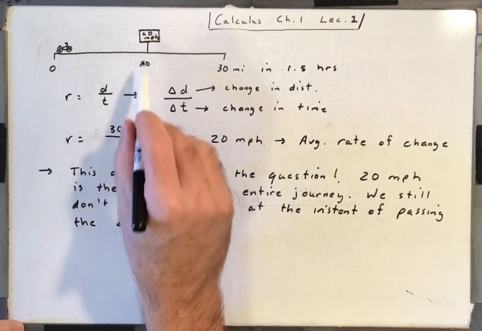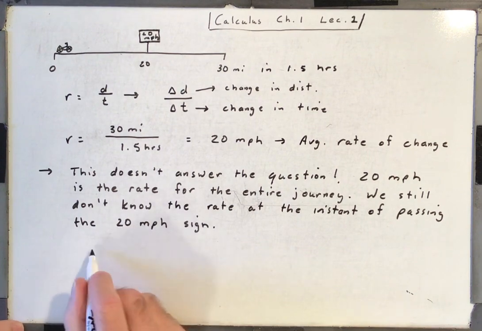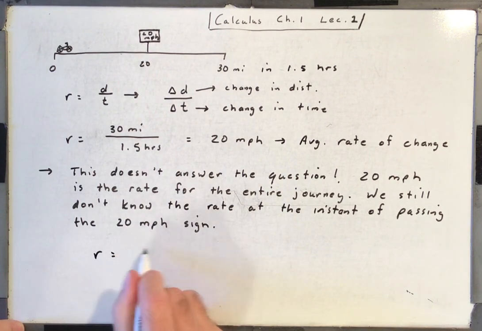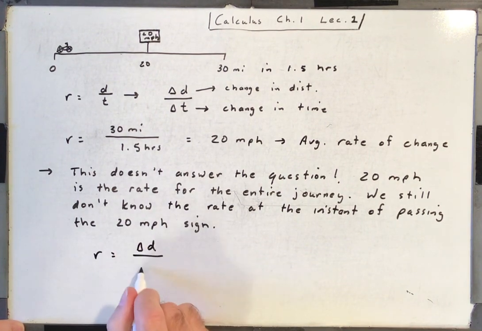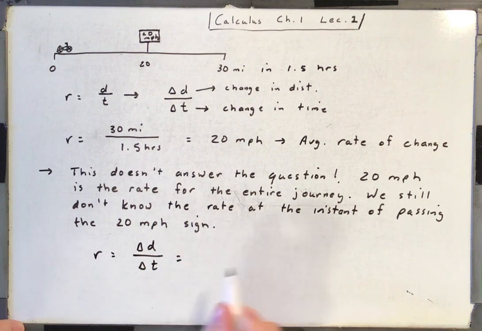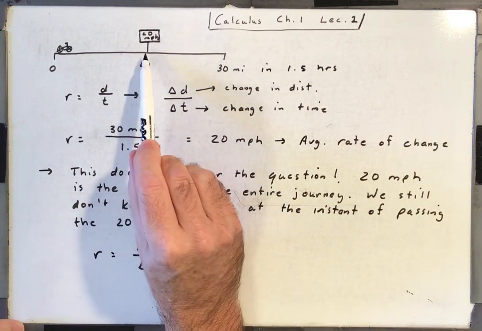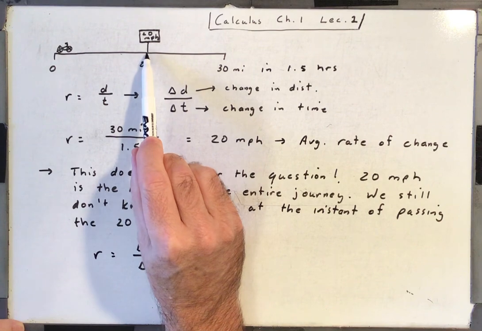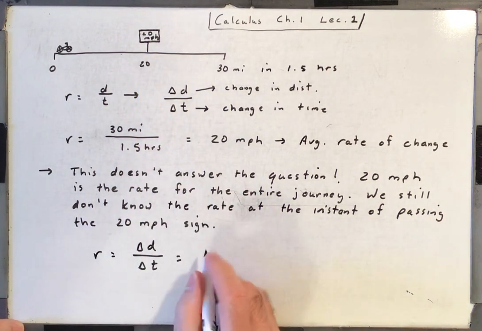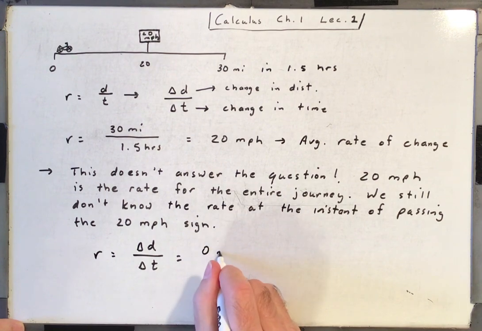Okay, so at the instant of passing the sign, we have rate as change in distance over change in time. Well, what's the change in distance from the sign to the sign? That's the instant of passing the sign. Well, that change in distance is 0.